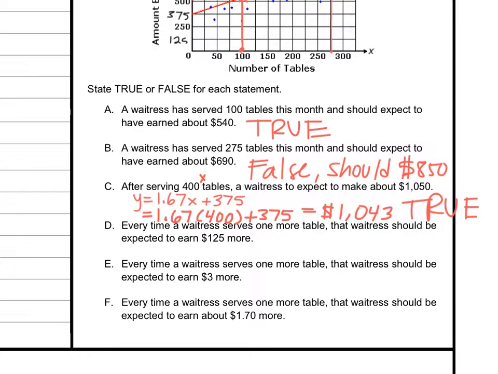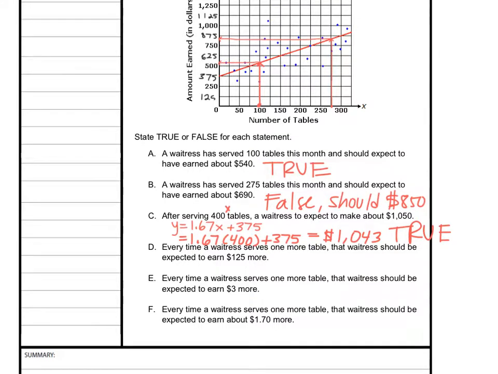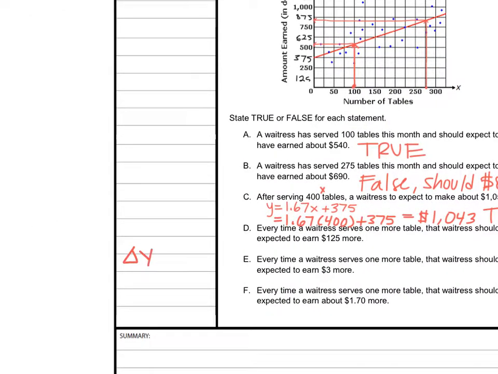Or every time a waitress serves one more table, she should be expected to earn about $1.70 more. We're asking about the amount of money earned per one table. I'm asking about the change in y over the change in x, which is money over tables. What's another name for change in y over change in x? The rate of change.